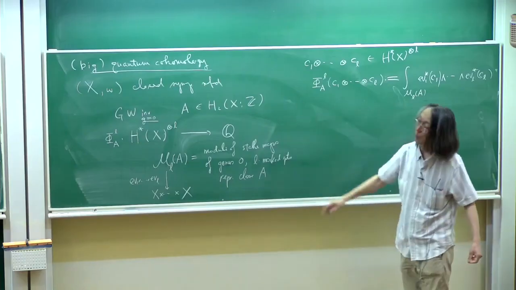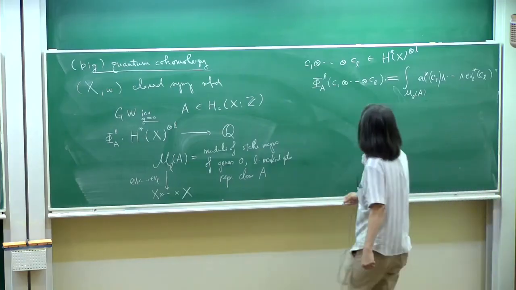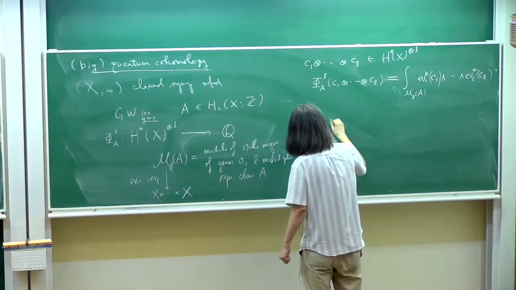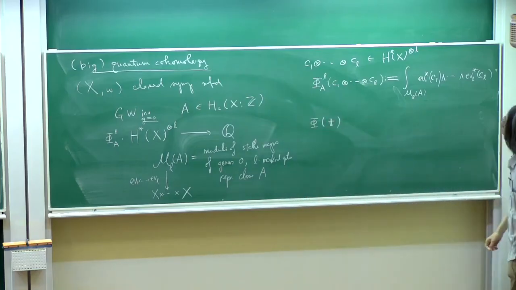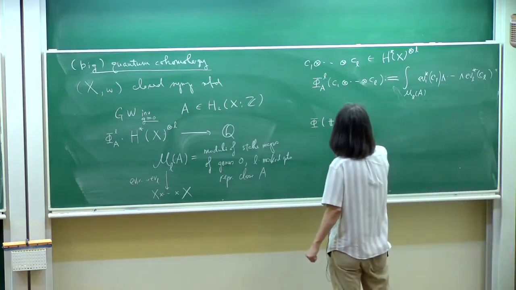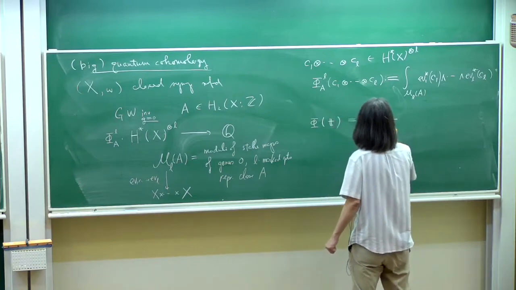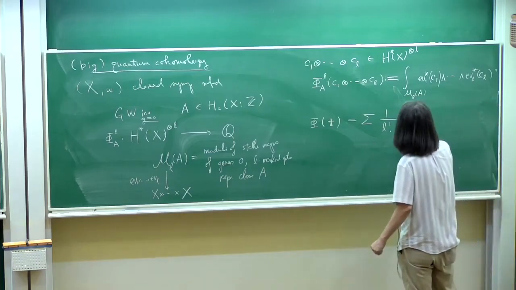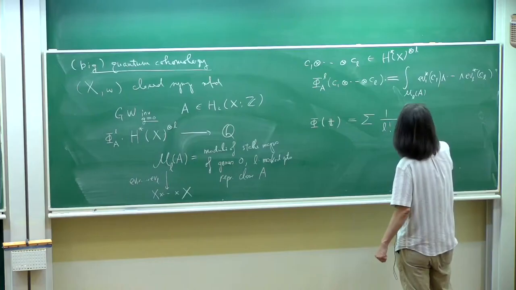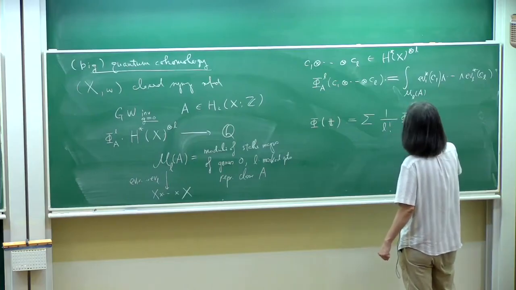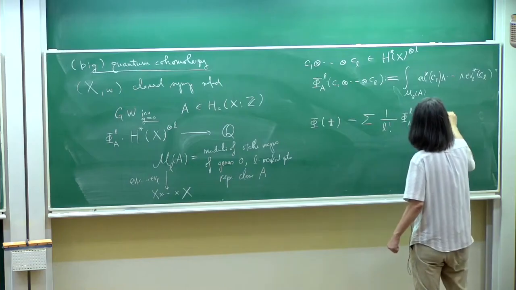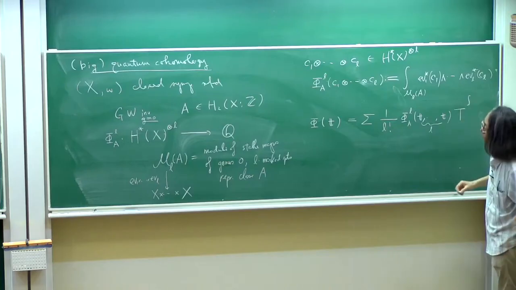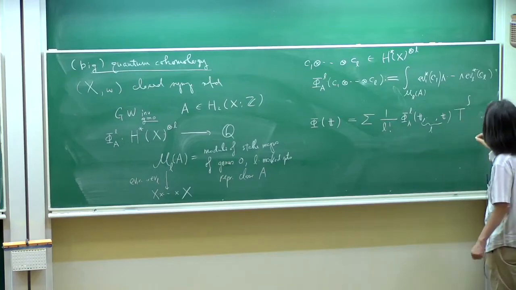You can do the same thing for higher genus. But then maybe I just denote by phi of T. So this is actually a sum: 1 over L factorial of phi_A of L of T, T, L times, multiplied with T to the power A of omega.